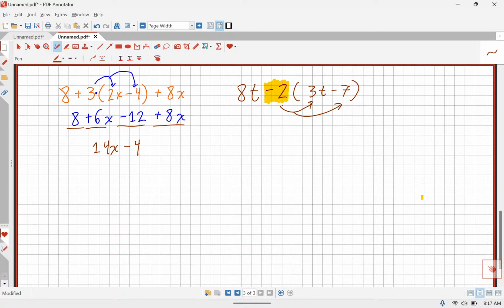Number one, I think you did the -2 times the 3 correctly. That's -6t. But then don't forget we do a -2 times a -7. And a negative times a negative is always a positive, so that should be plus 14. The 8t drops down. I can put those two together. 8t minus 6t is 2t. 2t plus 14.